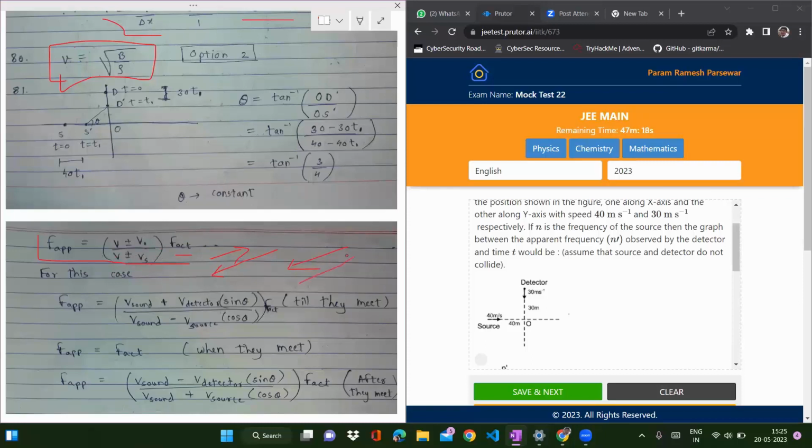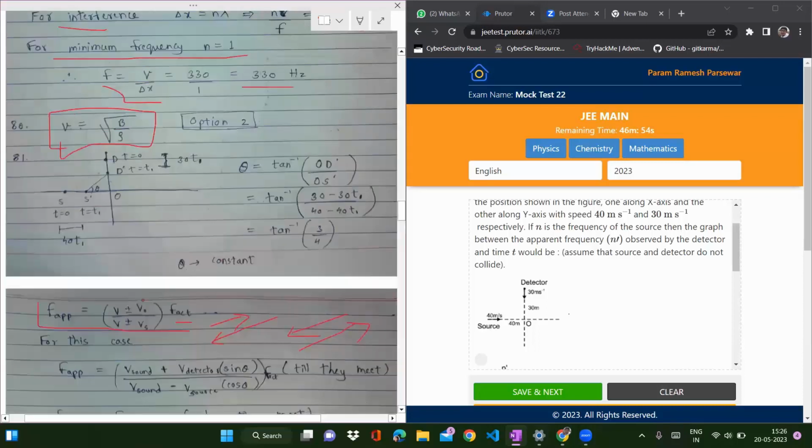And when the source is going away from the observer, then we take the plus sign. So in this way, we take the signs. We just see what the case is, where the frequency will increase by this motion of the source and observer, and according to that we use this formula.